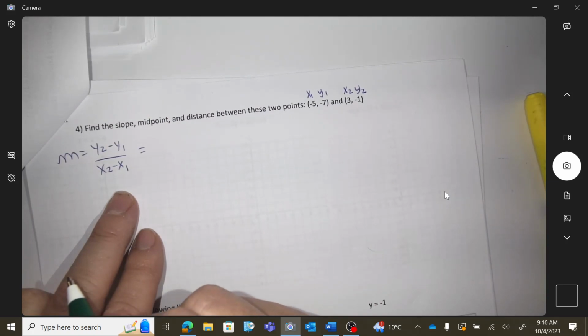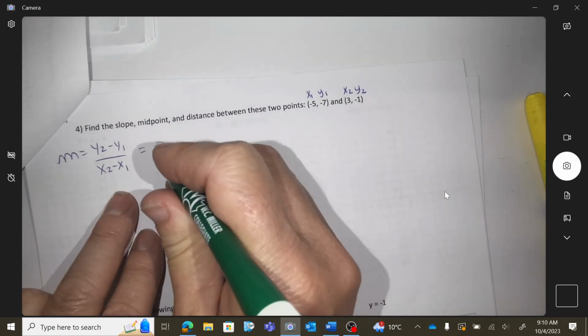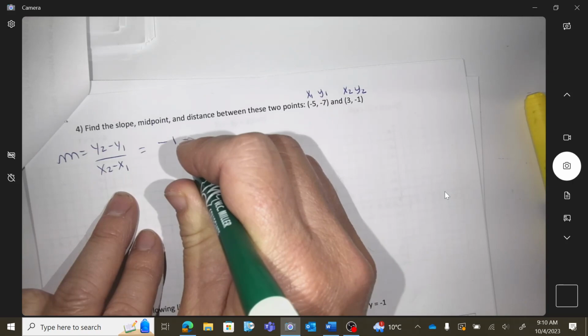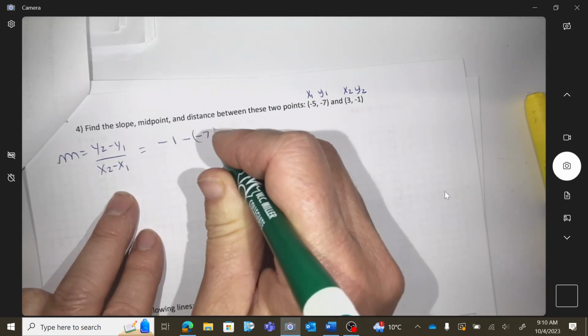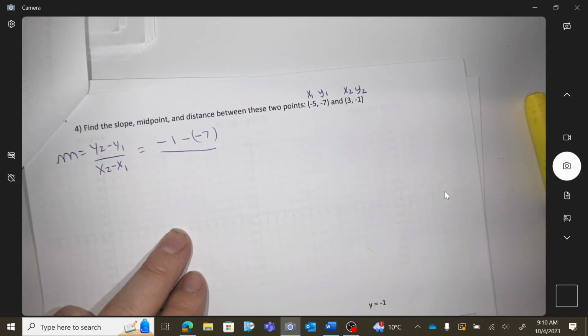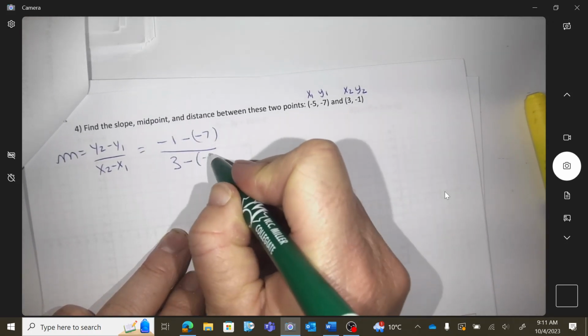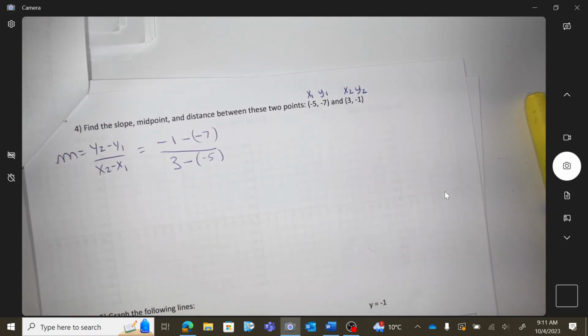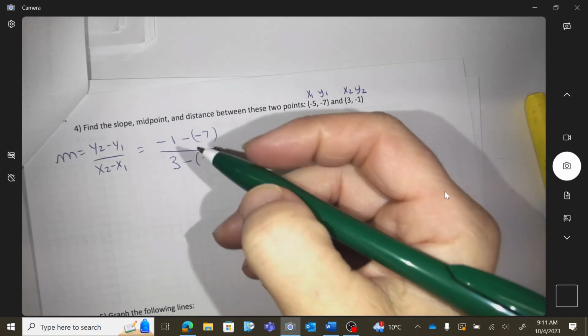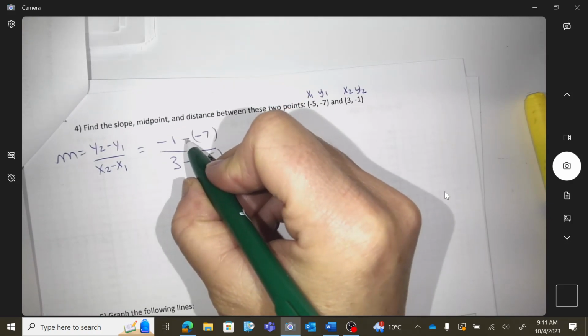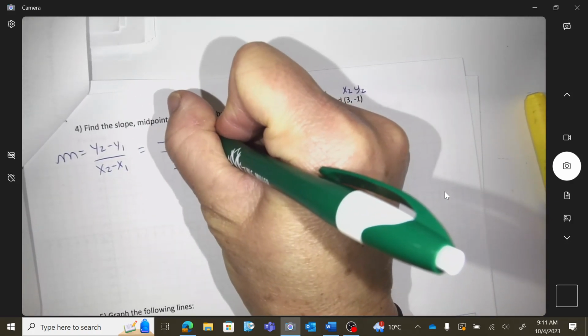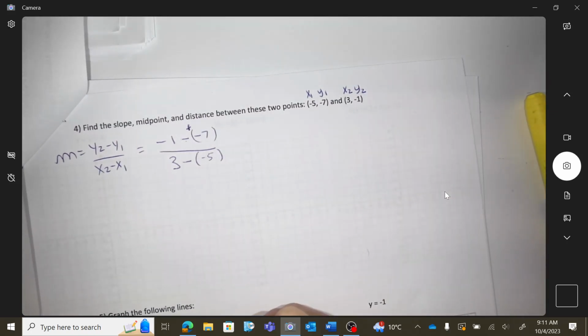So I get -1 subtract -7, 3 subtract -5. Okay, so this subtract and then a negative number, I'm going to think that actually adds it.